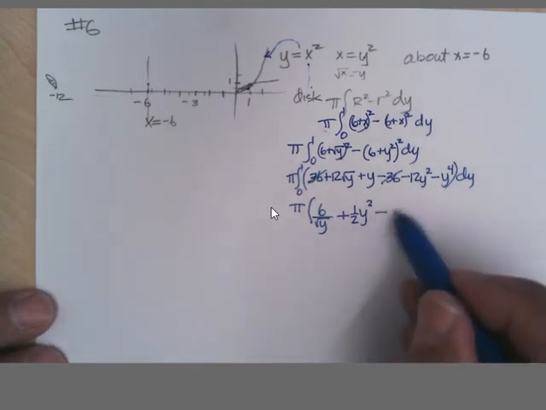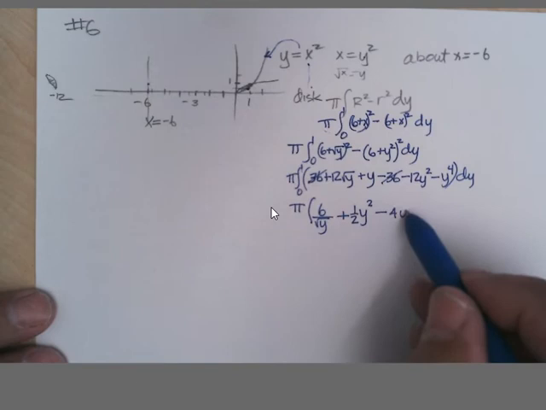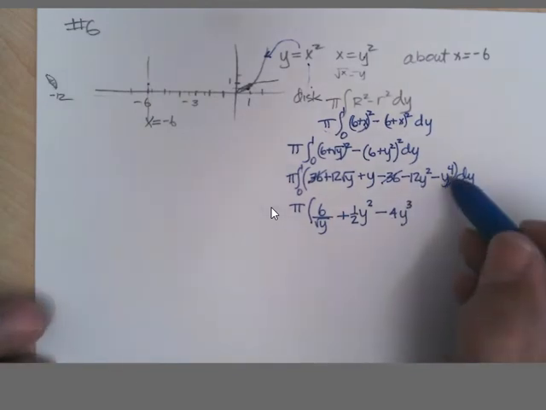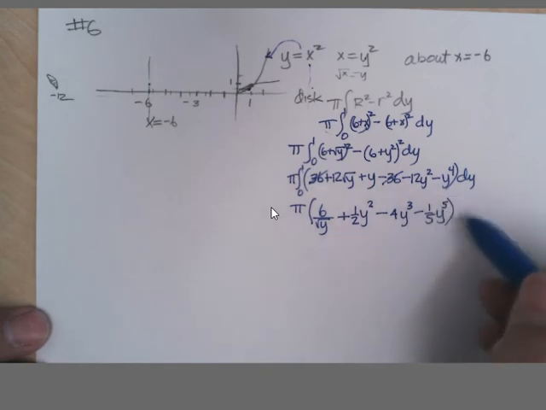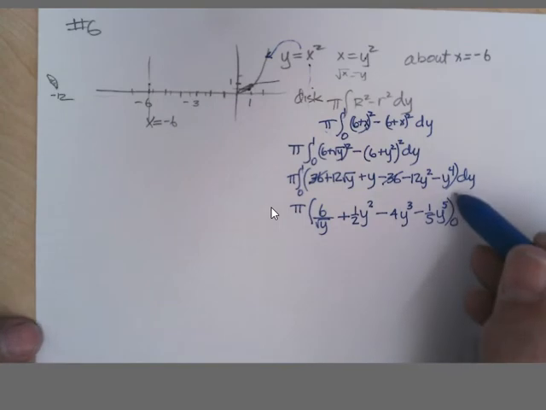This will be minus 4y to the 3rd, because the 3 goes into 12, makes it 4. And this will be minus 1/5 y to the 5th, evaluated from 0 to 1.